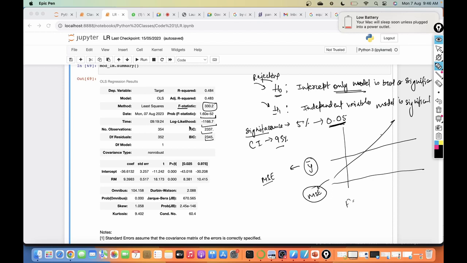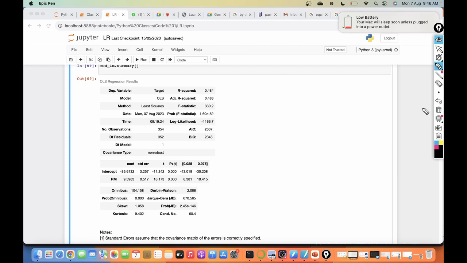The value of the log likelihood ranges from minus infinity to plus infinity. For example, you are taking x1, x2, x3, and you get a log likelihood value of, for example, 500. But if you take x1, x2, x3, x4 and you get something like 1000, this is good.